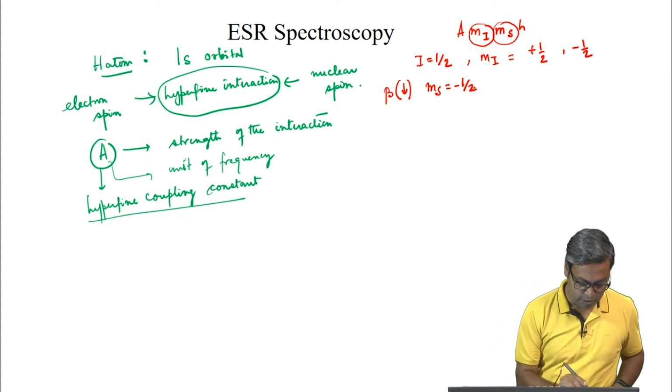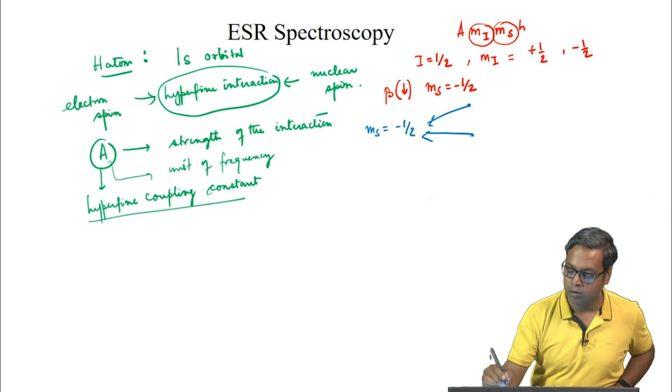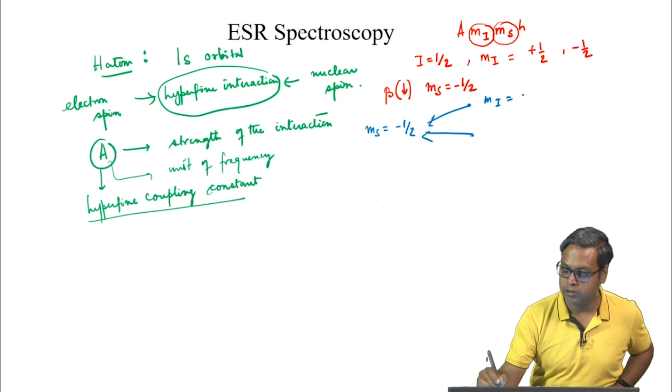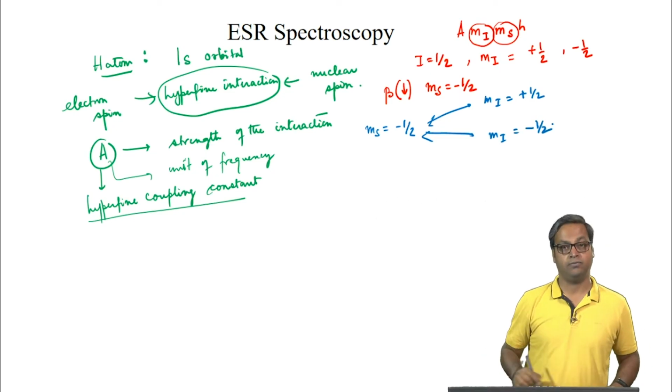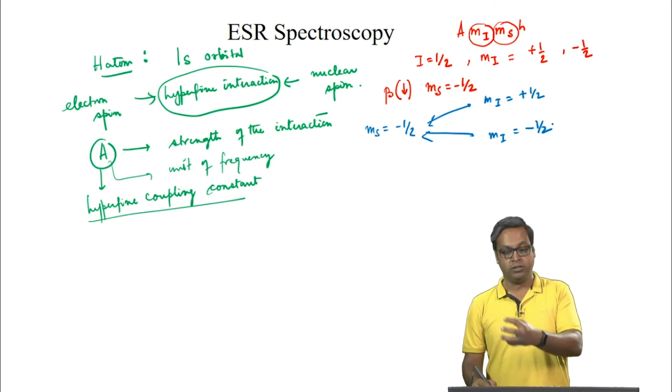In other words, if we write it pictorially, this m s equals minus half can interact with m I equals plus half and m I equals minus half. And so, we can actually calculate the energy.